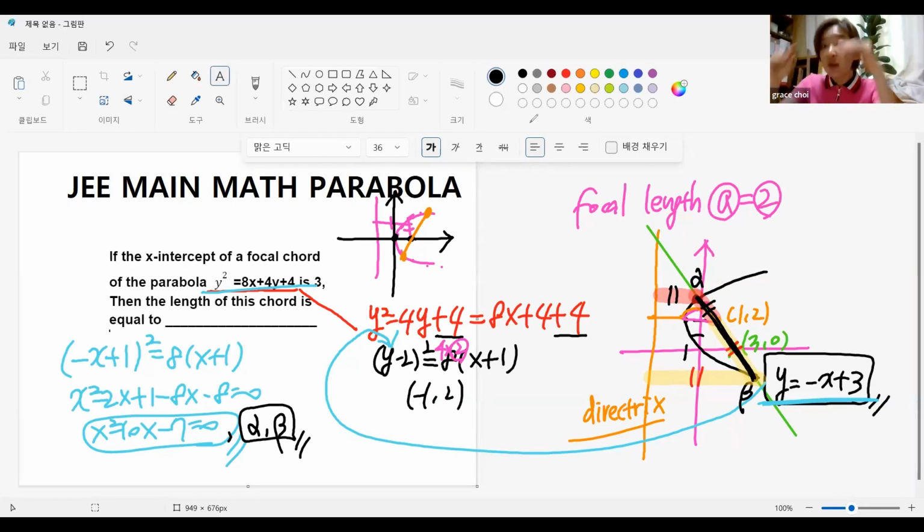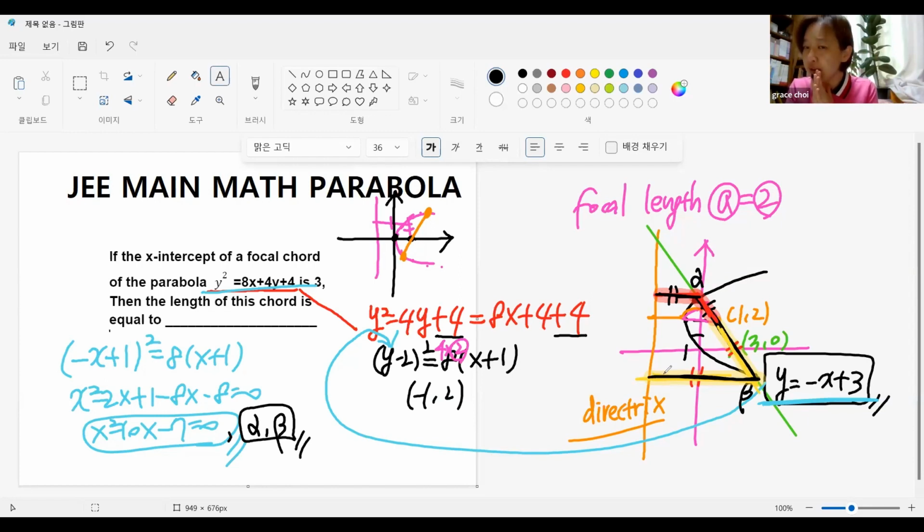As you see, the red ones are equal to each other, and the yellow ones are equal to each other. Thus, our conclusion is that we have to get the sum of the red parallel line and the yellow parallel line.